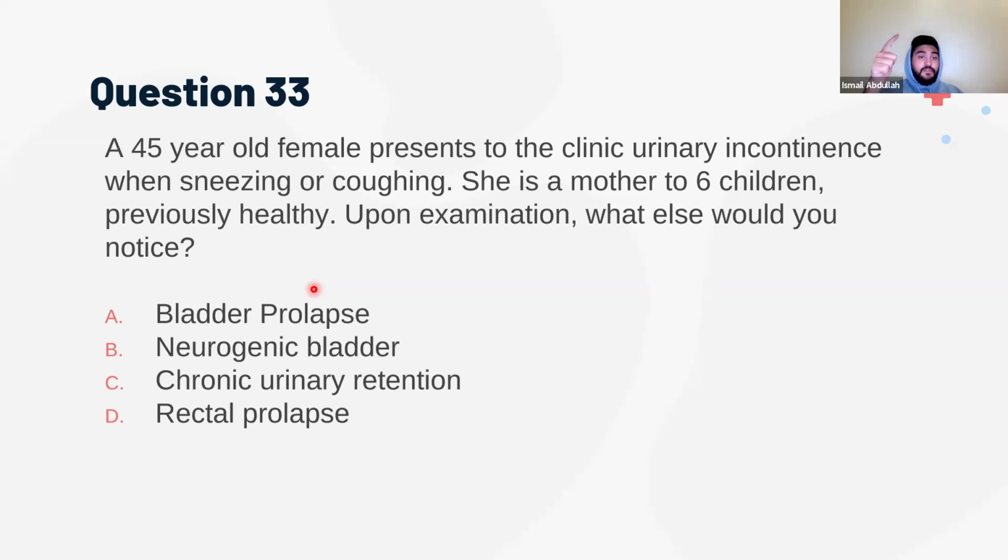Urinary incontinence in females is usually high due to the very short urethra that they have. Also she sneezes or coughs, so whenever there's an increase in the intra-abdominal pressure, and she's a mother of six children, so a history of multiple pregnancies.